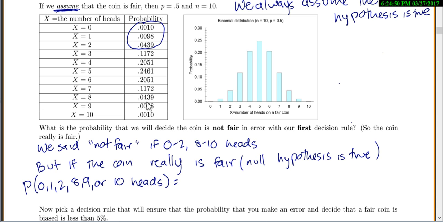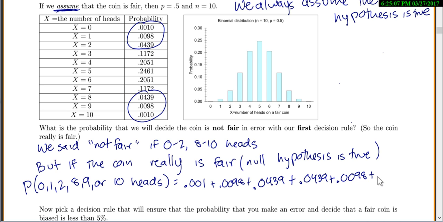Let's look at all these probabilities for the 0 to 2 and 8 to 10 heads and add them together. So 0.001 plus 0.0098 plus 0.0439 plus 0.0439 plus 0.0098 plus 0.001 equals 0.1094. So this means if the coin really is fair, we have about a 10% chance of deciding not fair.